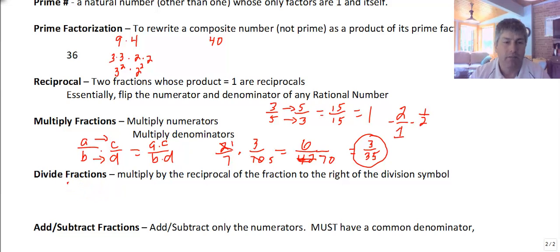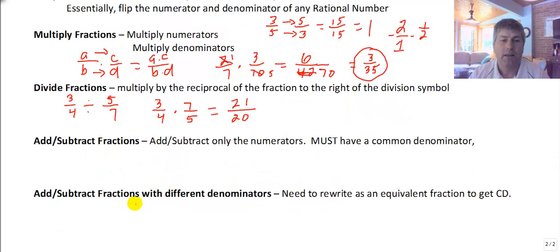So we might have something like 3/4 divided by 5/7, which is the equivalent of 3/4 times 7/5. So we're dividing by 5/7, and we get 3 times 7 is 21 over 20.